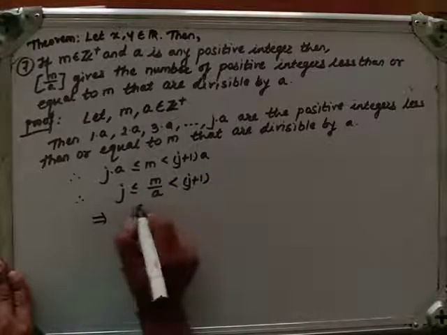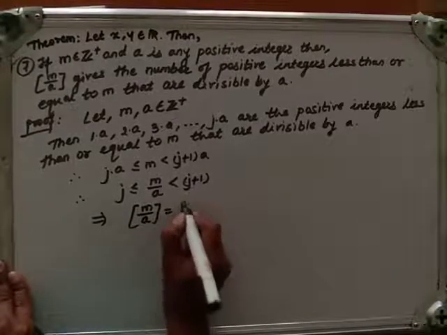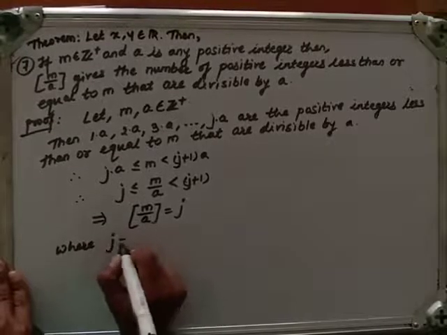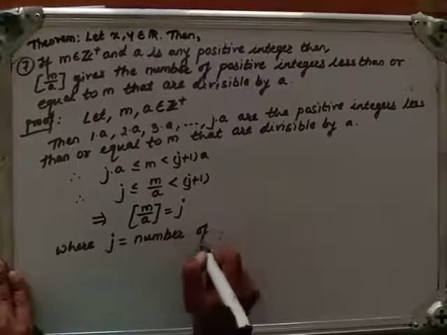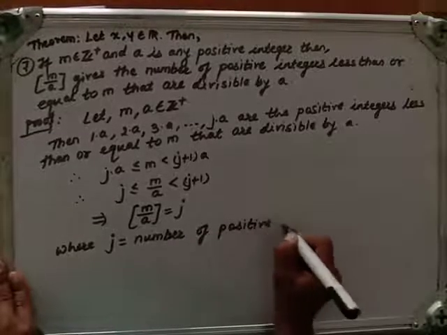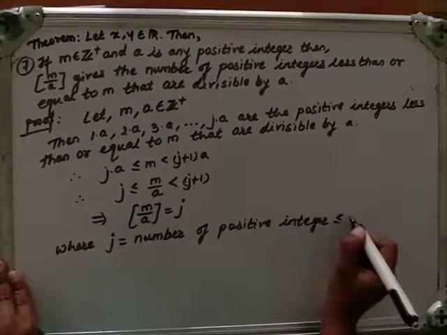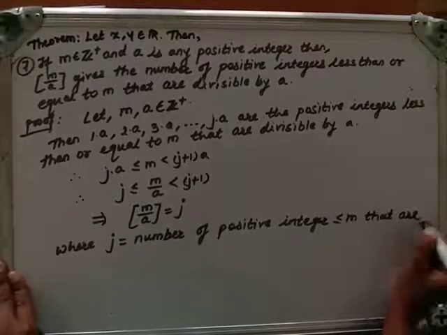This gives the greatest integer function of m upon a as j, where j is the number of positive integers less equal m, and that are divisible by a.